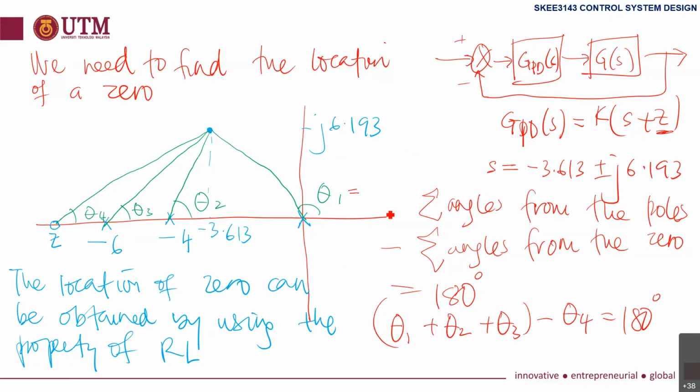Then we can calculate theta 1, theta 2, theta 3. Theta 1 is 120.2 or 120.3 degrees. Right? Is it correct?